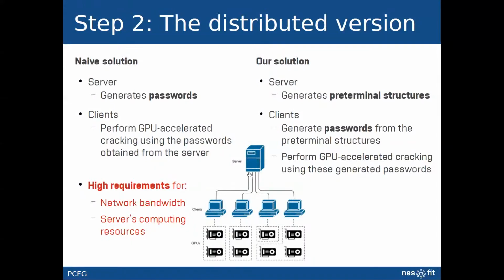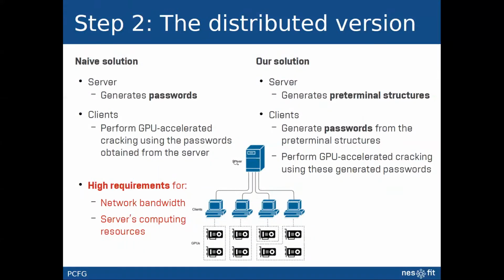However, because you need to transfer all these passwords over the network, it has relatively high requirements on the network bandwidth. Also, because everything is generated on the server, and generating passwords using PCFGs for multiple client nodes is pretty complex, it has high requirements on the computing resources of the server as well, not only the processor but also operating memory and so on.